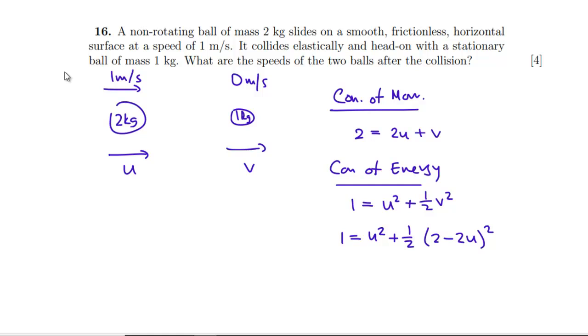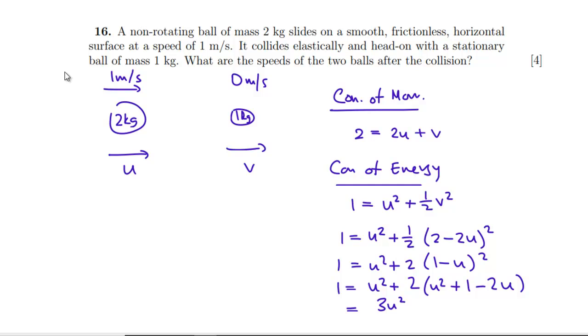Let's take the 2 outside: 1 equals u squared plus 2 times (1 minus u) squared. So 1 equals u squared plus 2u squared plus 2 minus 4u. I seem to be taking more time over this than I should be. So we've got u squared plus 2u squared, so 3u squared. We've got a minus 4u, and then a 2 minus a 1. So that is equal to 0.